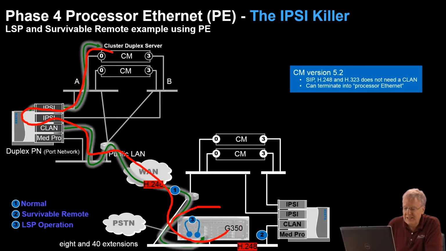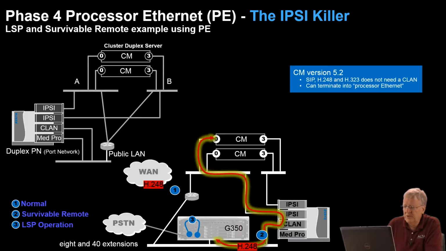So now you can see that this particular G650 or 350 is only going to keep operating if this G650 stays online. This doesn't have to be the only way out of Dodge. We could configure maybe another backup path, but we're still going through a CLAN and IPSI arrangement.